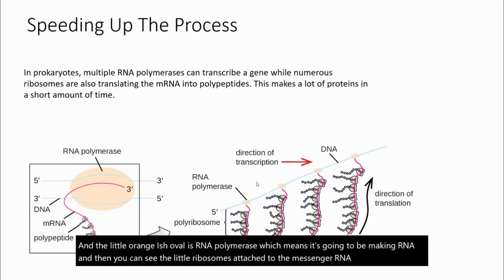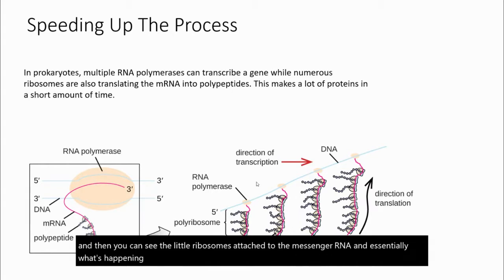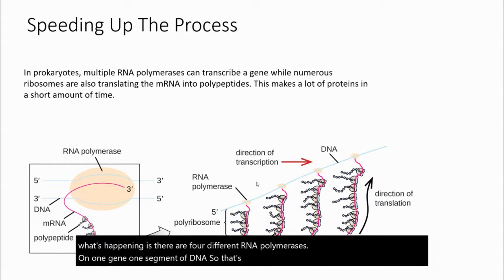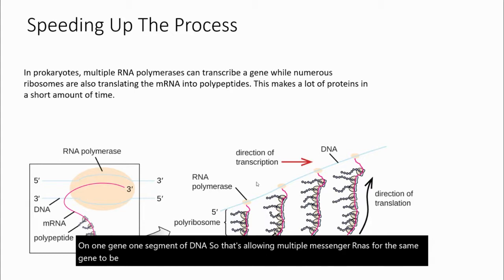Essentially what's happening is there are 4 different RNA polymerases on one gene, one segment of DNA. So that's allowing multiple messenger RNAs for the same gene to be made. And then notice that there are tons of different ribosomes on each messenger RNA.